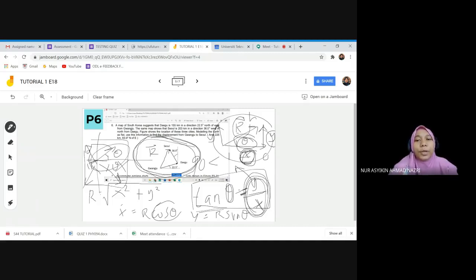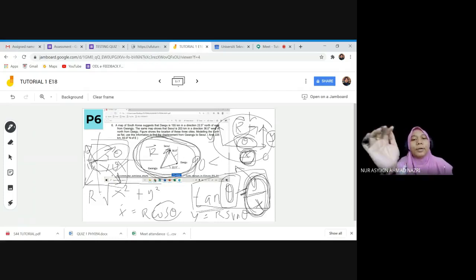Okay, so that's why you need to explain your positive or negative angle that you get here. Okay, so you divide y over x. So contoh for this case senang lah, sebab dia appear pada first quadrant. So you get your both component must positive. So dia akan appear pada first quadrant.